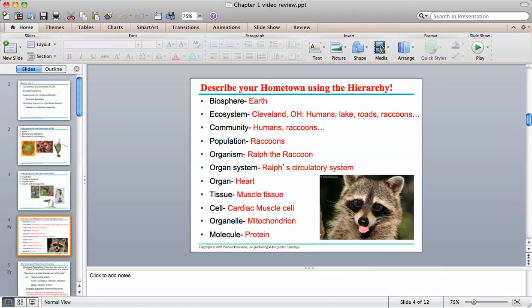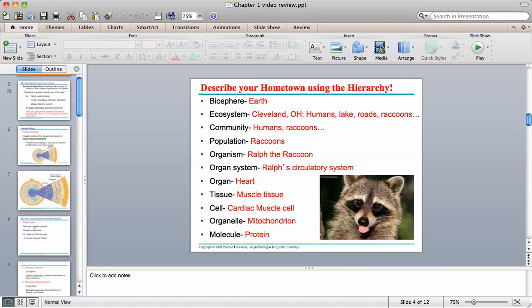So, you know, the organization or the order of the items in the hierarchy, and then also have an example for each, or know what each part of the hierarchy is studying or details. And using an example like this is very helpful in remembering the different levels.